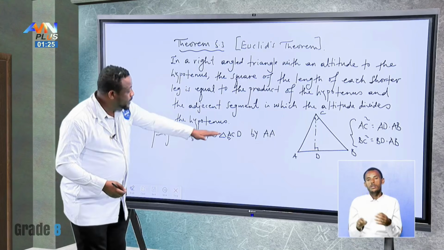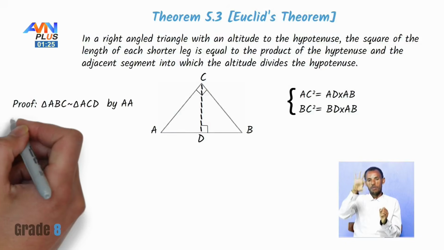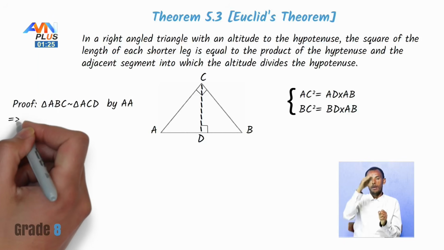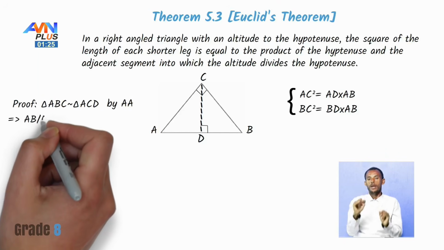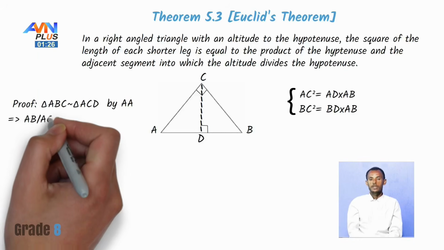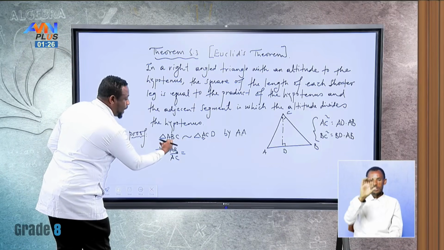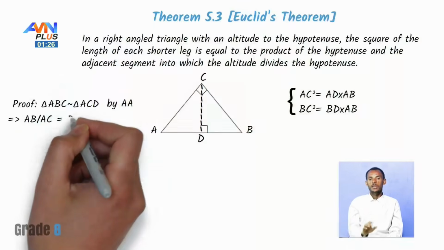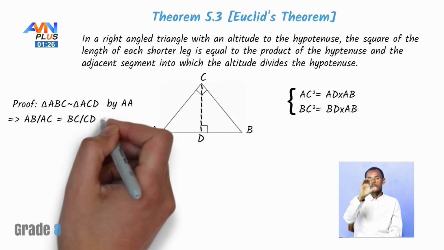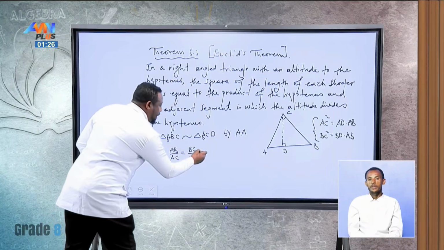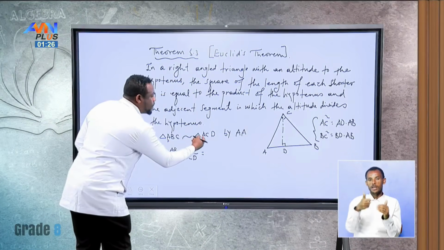So by similarity, AB over AC must be the same as BC over CD, and lastly AC over AD.